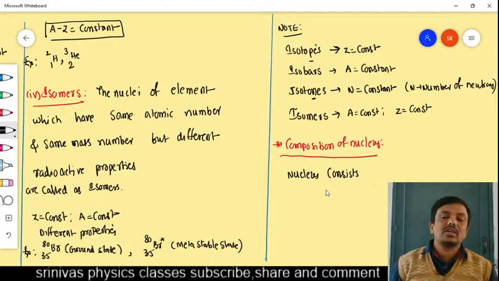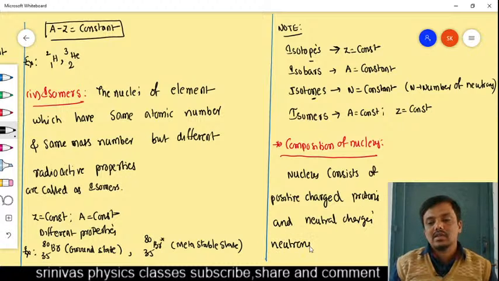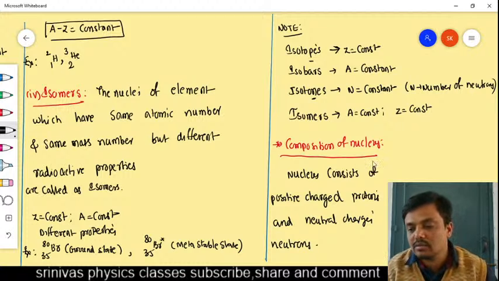Nucleus consists of positive charged particles, protons, and one more is neutral charged neutrons, which do not have any charge. Okay, this is about the composition of the nucleus.